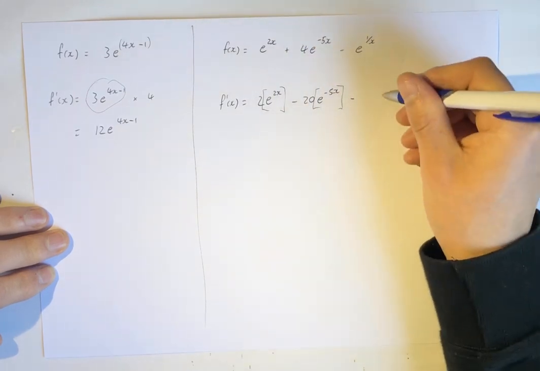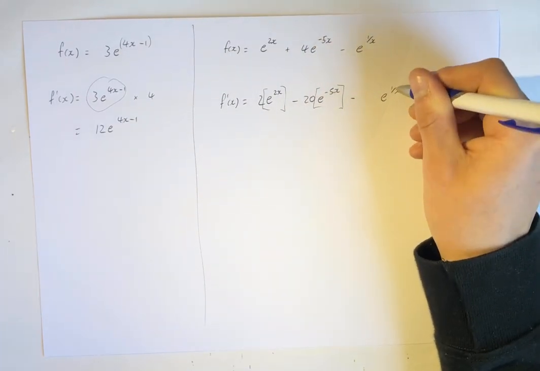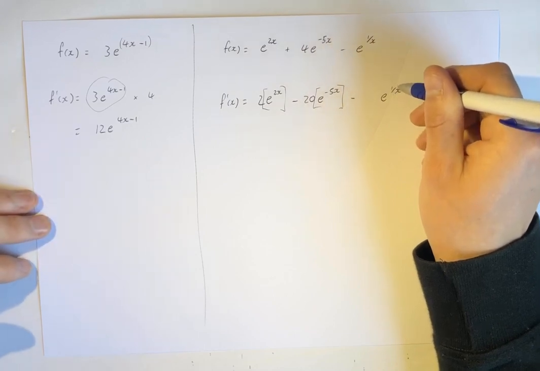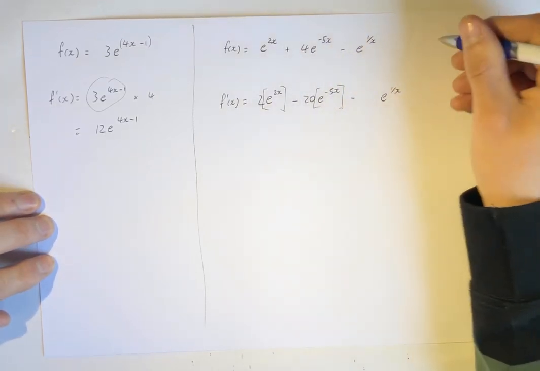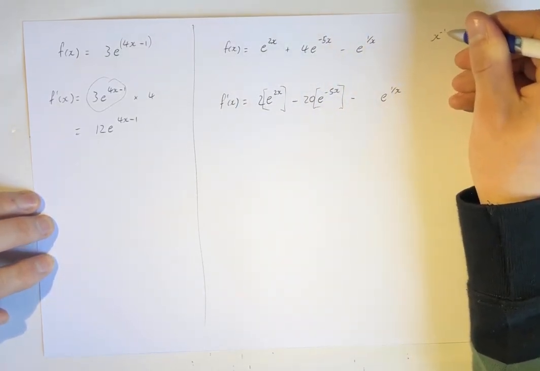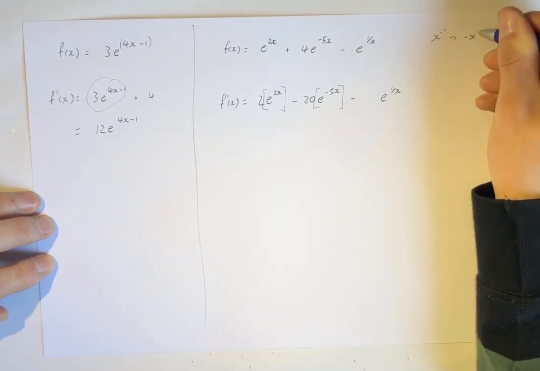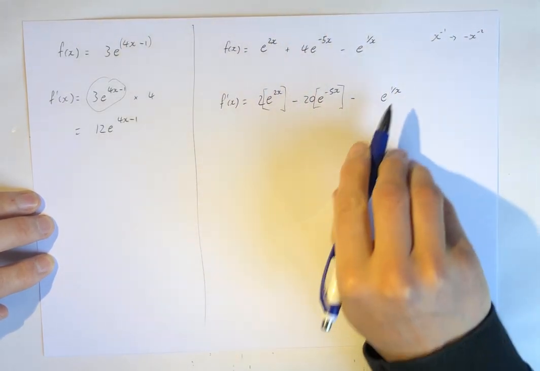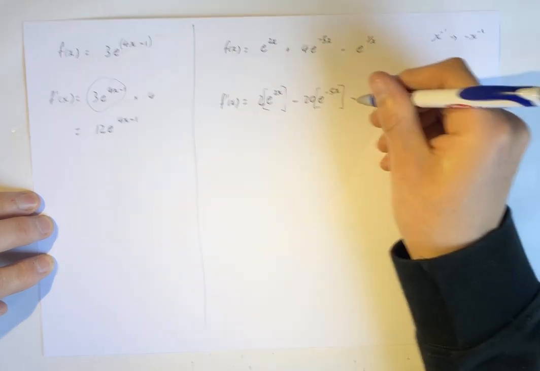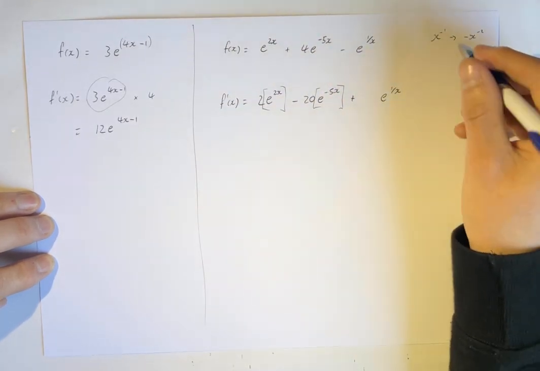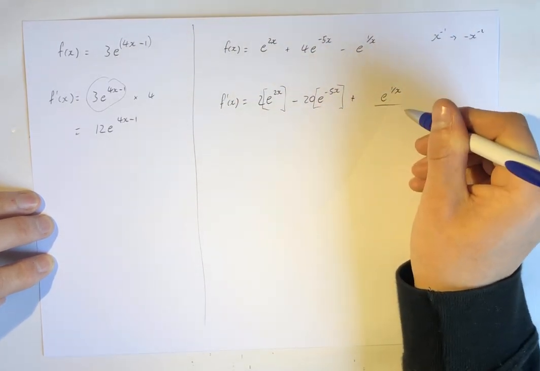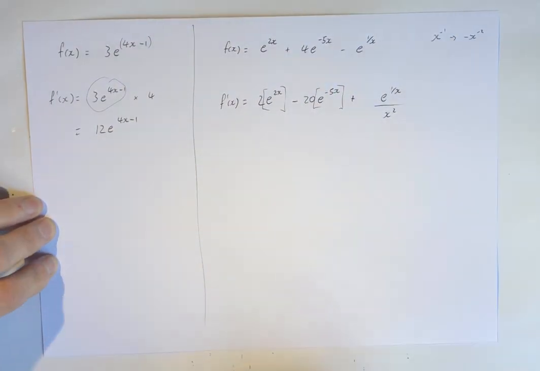So you can always just write this as the original function, and now we need to times by the derivative of the inside function. So 1 over x is x to -1, so that's going to go to -x to -2, isn't it? So if I'm timesing by this thing, that's going to become a positive, and it's going to be over x squared.